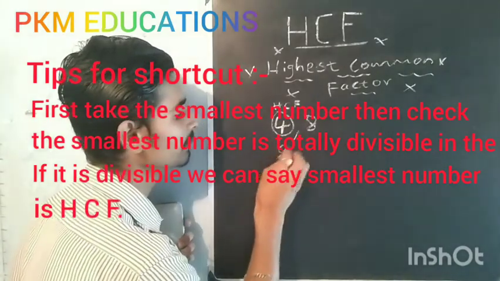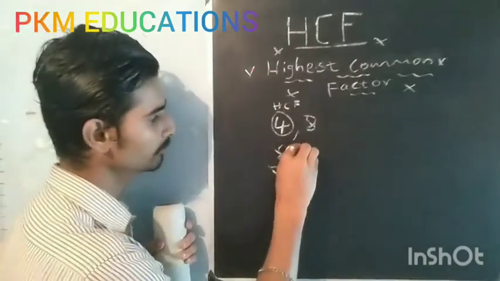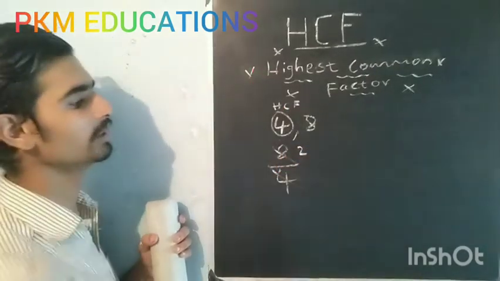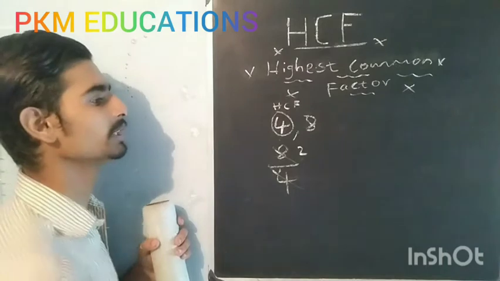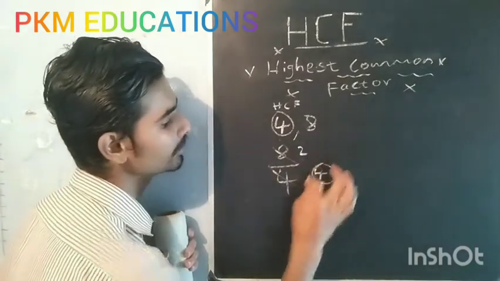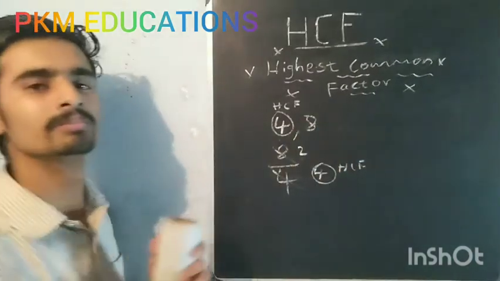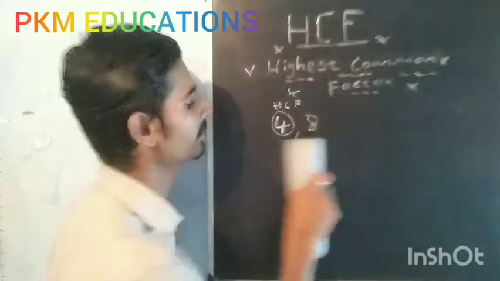Here the condition is true. 2 is totally divisible. Then we can say 4 is the HCF of these two numbers. Okay, we can try another question.